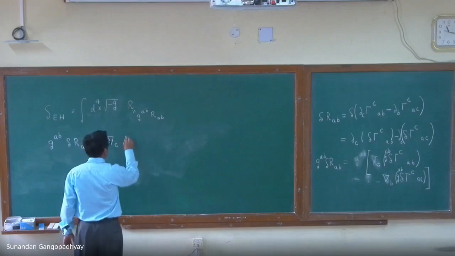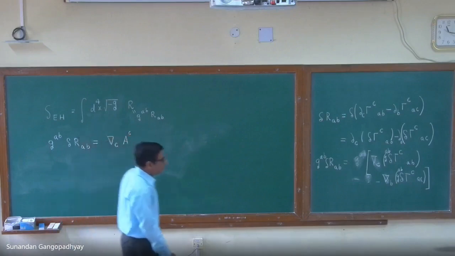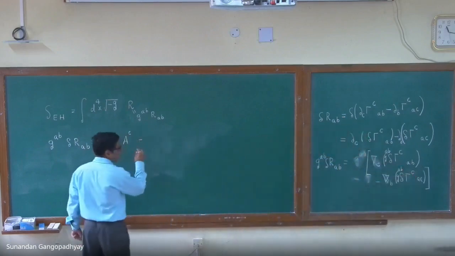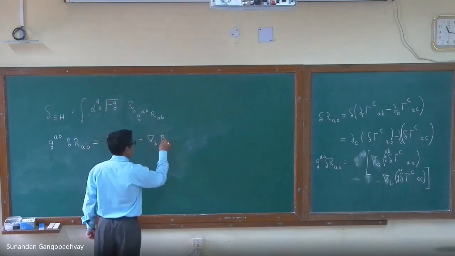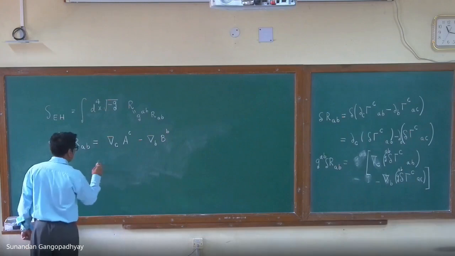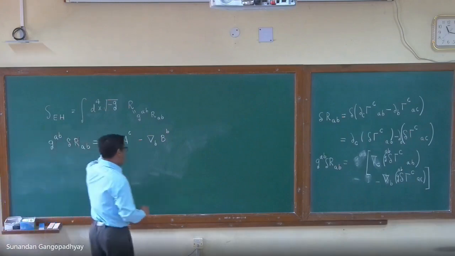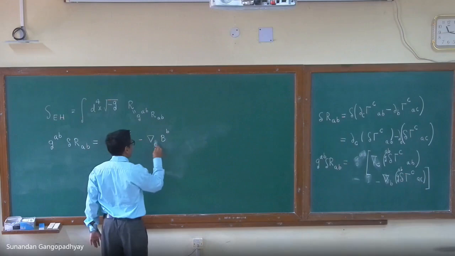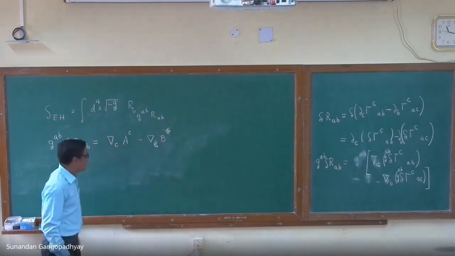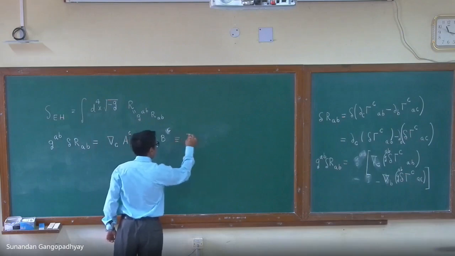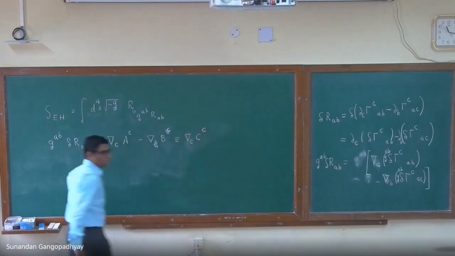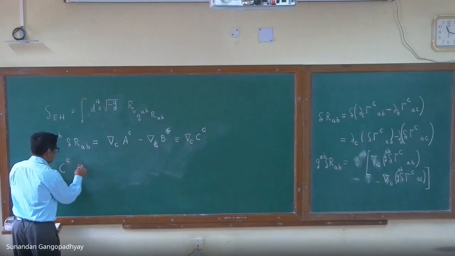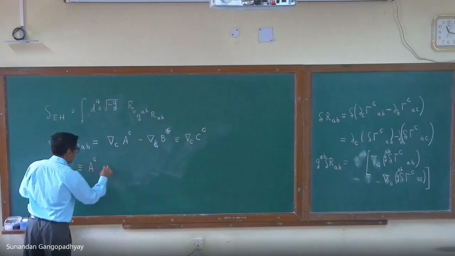So this I shall call C, because here you can see that AB are the indices contracted, the field index is C, minus grad B. Here B is the dummy index, we can change it to C, where small c is the index, defined as AC minus BC.